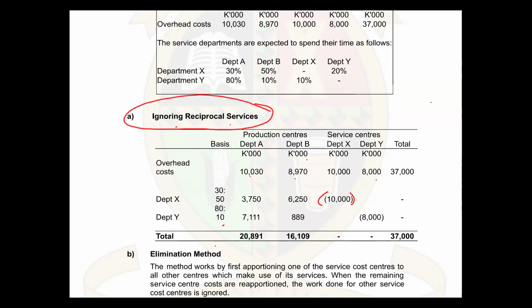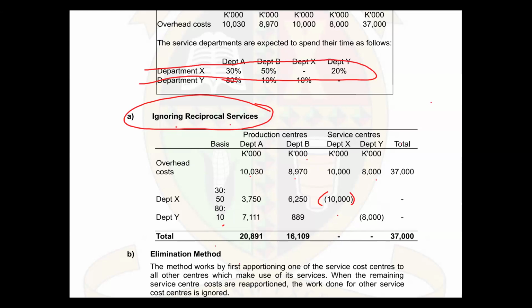And then how are we sharing it to department A and B? Listen carefully. Department A, according to the data that we have, is supposed to get 30%.